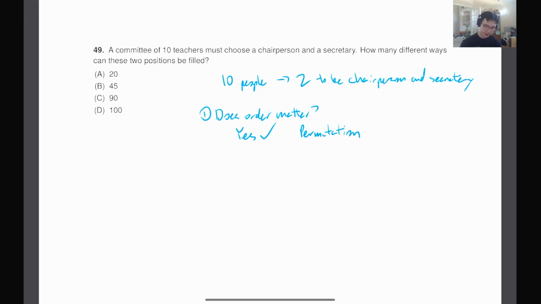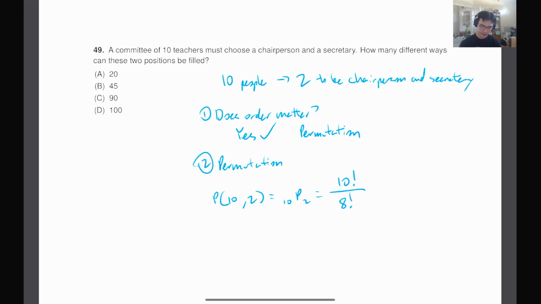Okay, so the permutation can be shown like this, which is equivalent to 10P2, which is 10 factorial over 8 factorial.